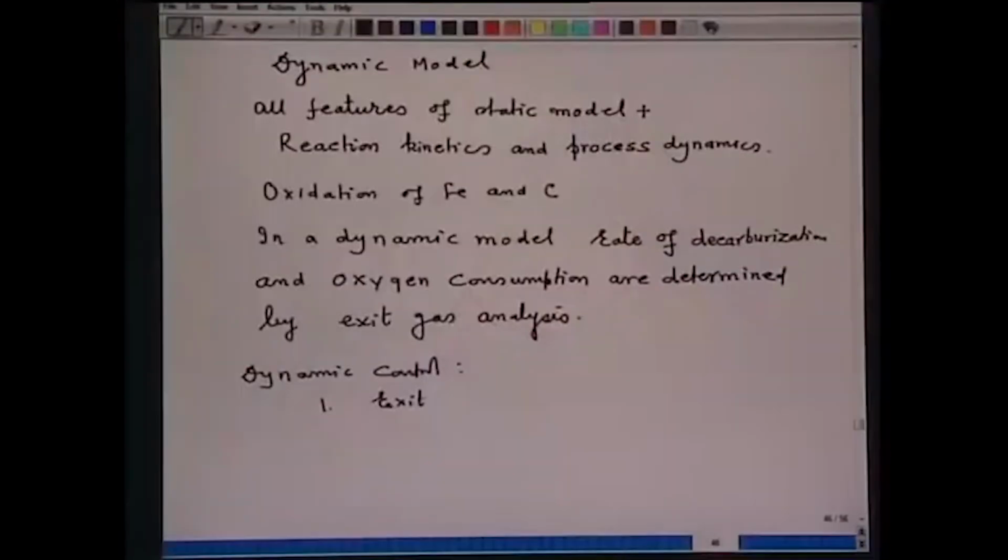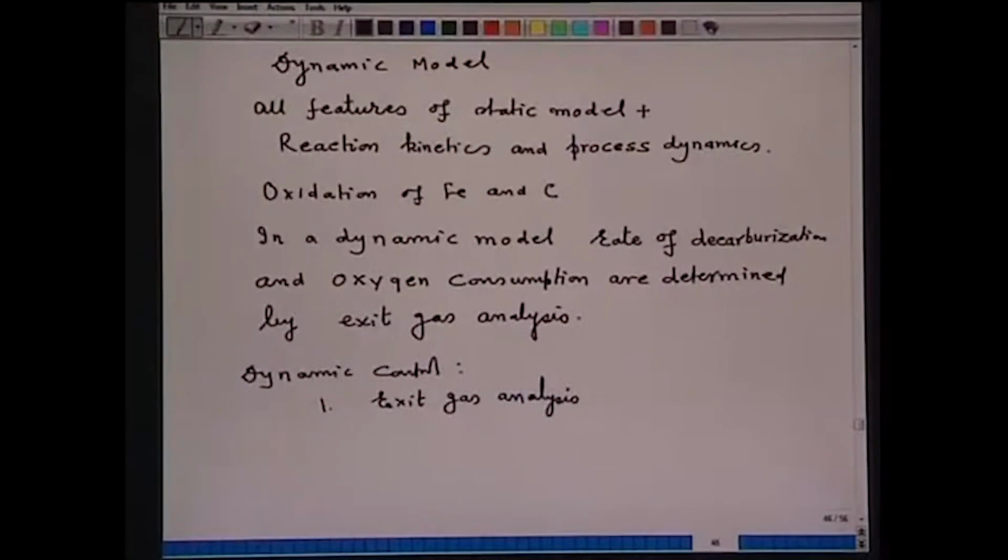So, in converter steel making, or even, to that extent, electric arc furnace steel making, what is available is to measure exit gas analysis. So, for dynamic control, exit gas composition can be measured.